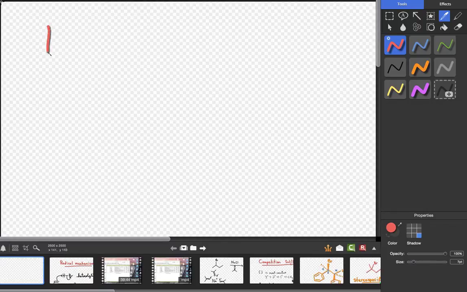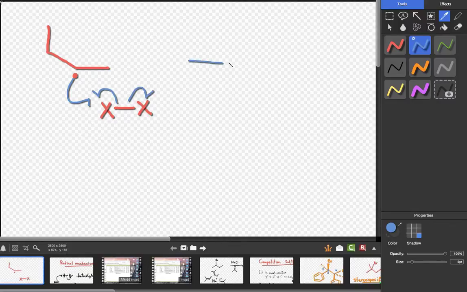This is not the only type of propagation step that we see in radical mechanisms. So let's look at some others. We can have a carbon radical react with a halogen. This process is called, appropriately enough, halogen abstraction. This allows, in this particular case, a carbon halide bond to be formed, and it produces a new halide radical. This is a propagation step. I had a carbon radical in reactants, and now I have a halide radical in products.